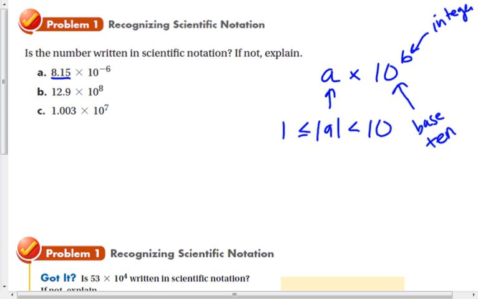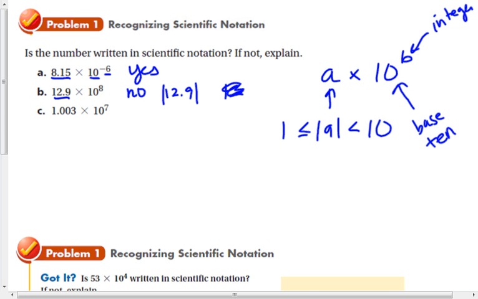So looking at this first one here, is the absolute value of 8.15 greater than or equal to 1 but less than 10? And it is. We have a power of 10, we have an integer for an exponent, so that one is yes. This one here, we have a number that's greater than 10, so we're going to say no. The absolute value of 12.9 is not between 1 and 10.